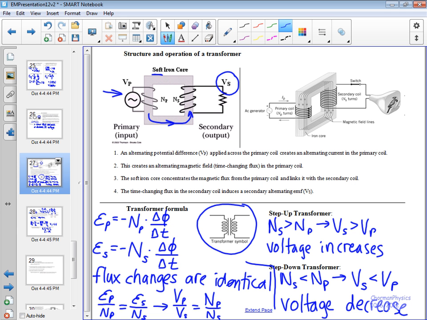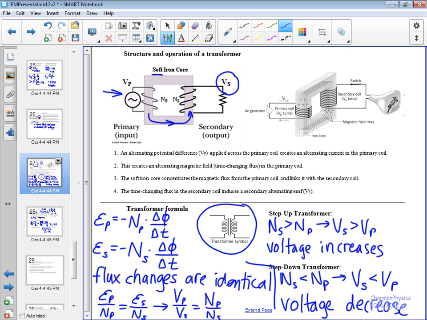If we look at the EMF generated by the primary coil, we're using Faraday's law, that's just the number of turns in the coil times the time change in the magnetic flux. Same thing with the secondary coil. Since this iron core doesn't change, the magnetic flux through the iron core is the same, they're both identical. So we can solve for the magnetic flux and set them equal to each other.